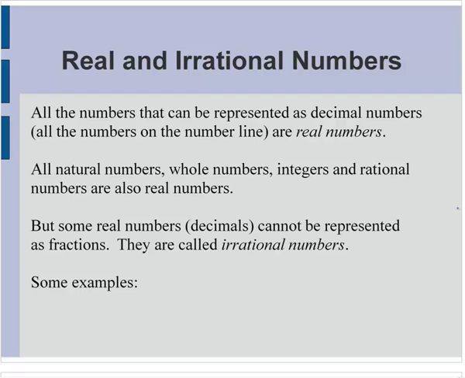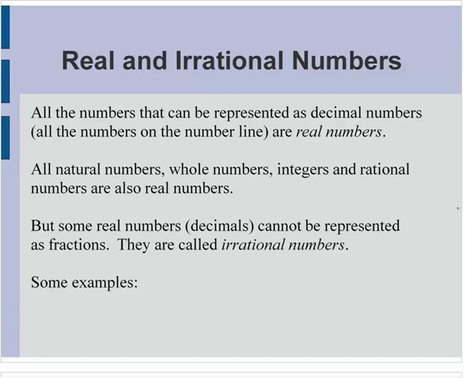So now we can discuss what we call the real numbers and the irrational numbers. All of the numbers that can be represented as a decimal number, basically every number on the number line, is a real number. All natural numbers, whole numbers, integers, and rational numbers are also real numbers.